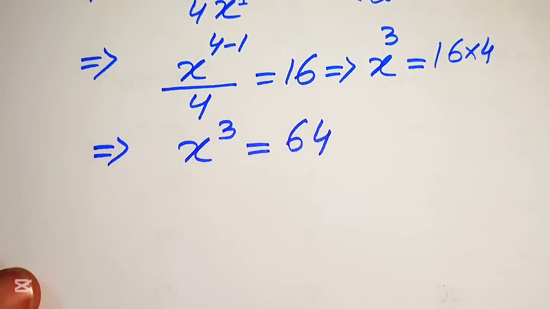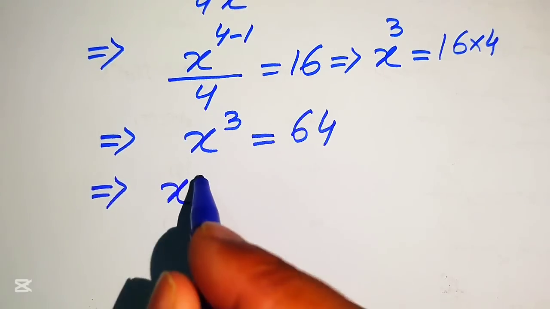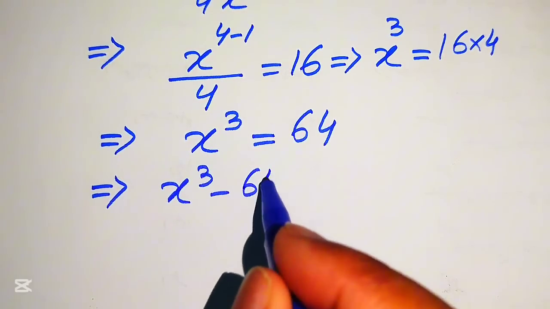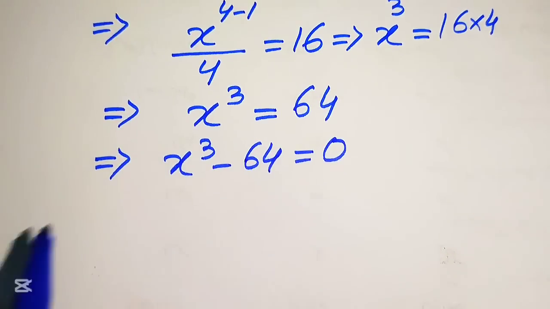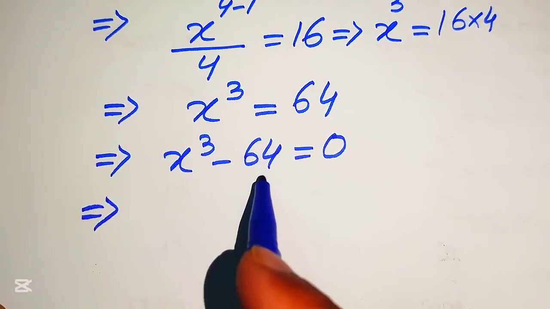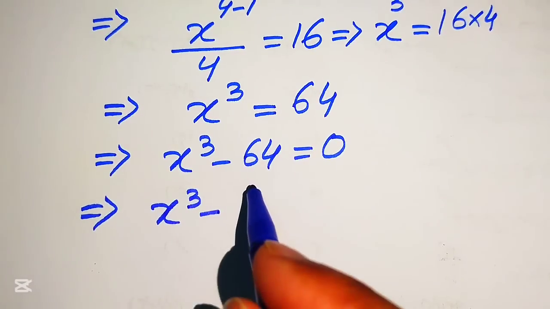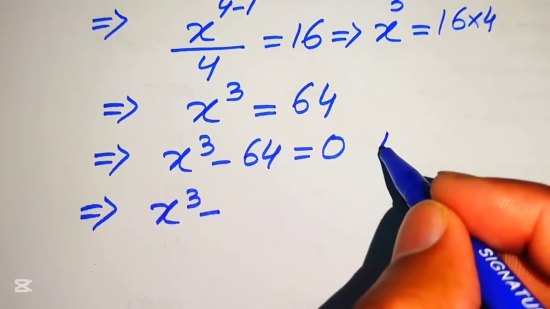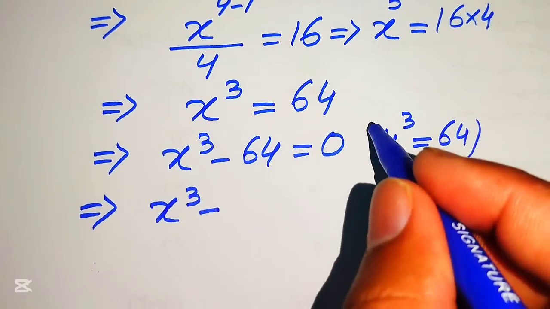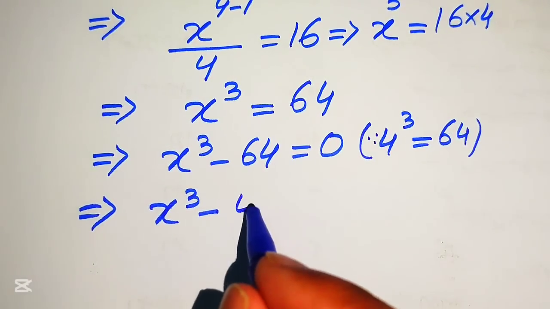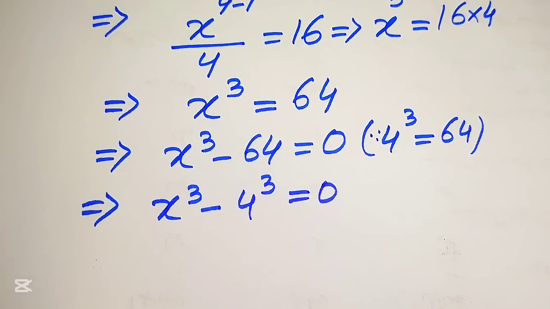Now in the next step we move this 64 to the left hand side, so it will be written as x cubed minus 64 equals 0. Here we again rewrite this equation, writing 64 in cubic form: x cubed minus 4 cubed equals 0, since we know that 4 cubed is equal to 64.